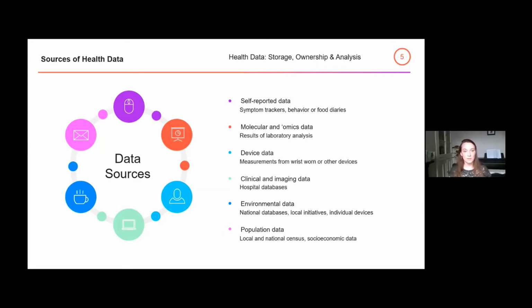This is environmental data, but it's also very important for our health for obvious reasons. So there's lots going on. And of course, we are now also recognizing how important population data is, such as local and national census and socioeconomic data, as that's helping us to understand diseases and disease prevalence.